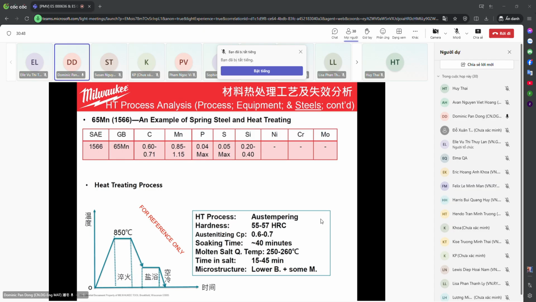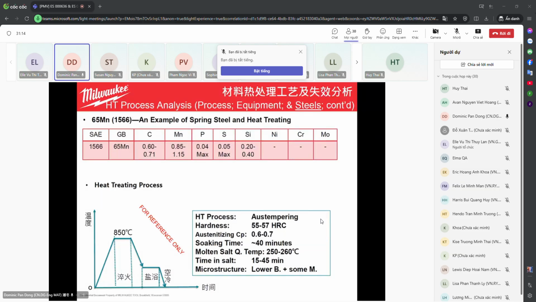What is the impact? If the time period is too short, we don't get the good ductility or the good mechanical properties of the parts we wanted to have. If the time duration is too long, the trouble is about the cost, because the longer you stay inside the bath, the lower the efficiency of the production line.